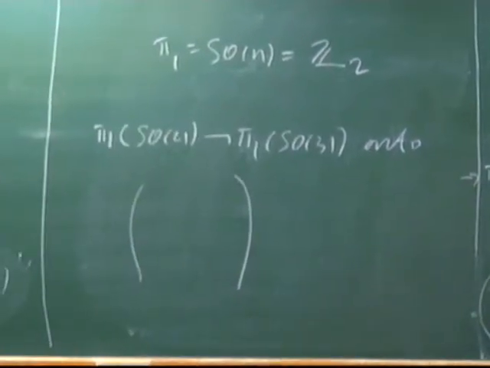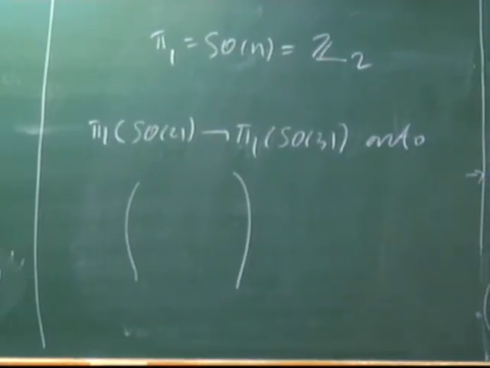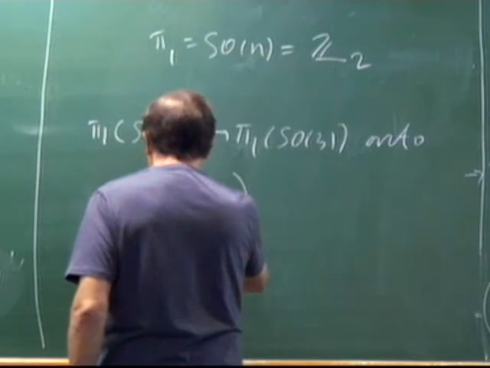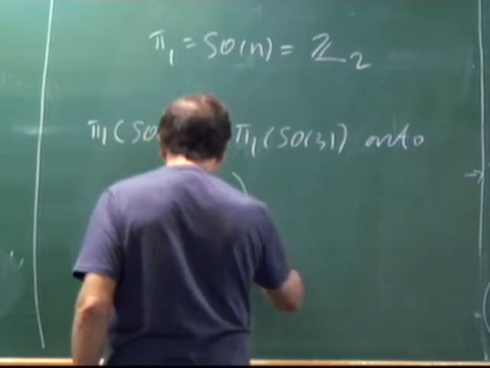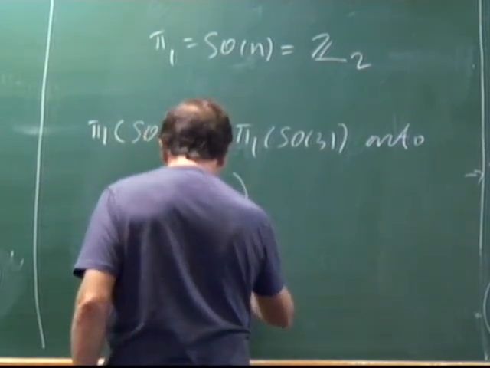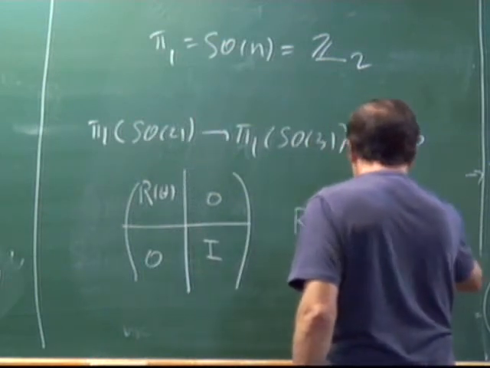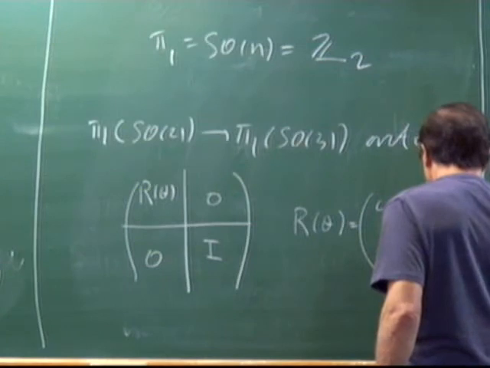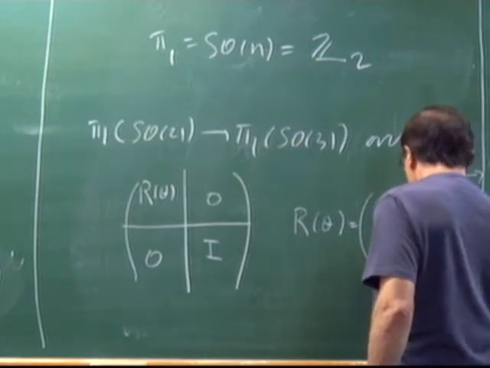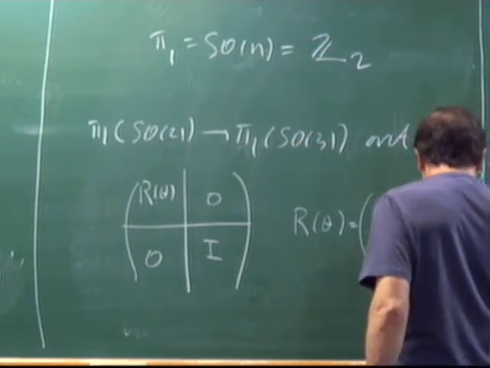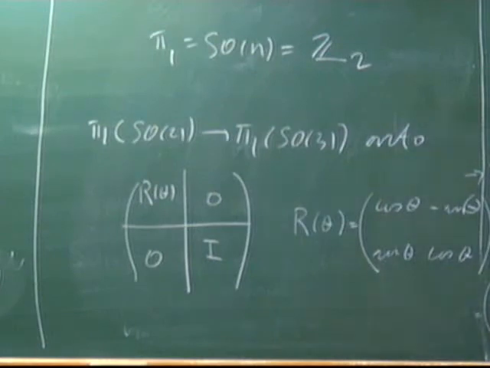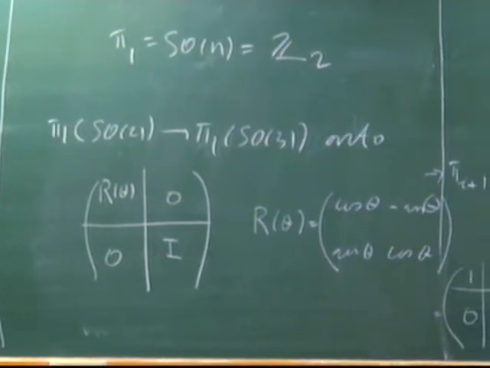And for a 2x2 matrix, what's the generator? It's just a rotation by angle 2 pi. So here I could say, well, let's look at R theta here, 0, 0, identity, where R theta is the usual rotation matrix. So that's what the generator looks like in pi 1 of SO(n).